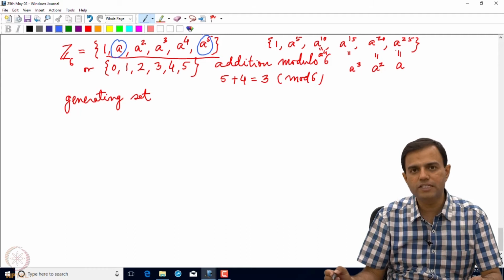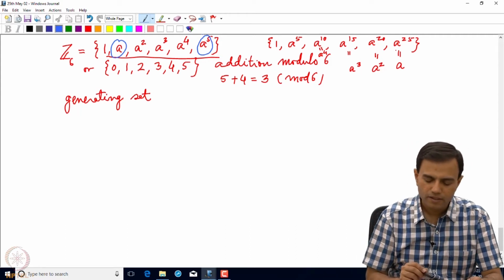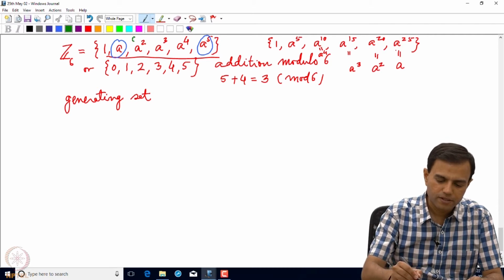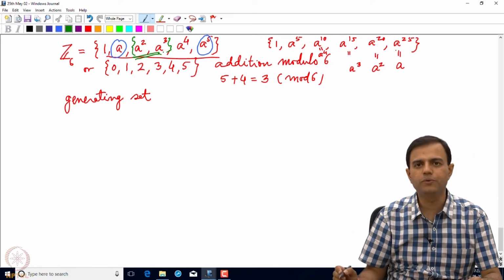Is there any other generating set? Well, I would say A2 together with A3 also generates the same group.